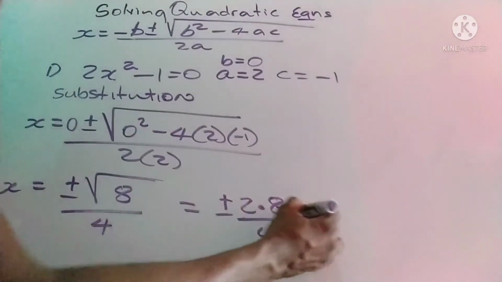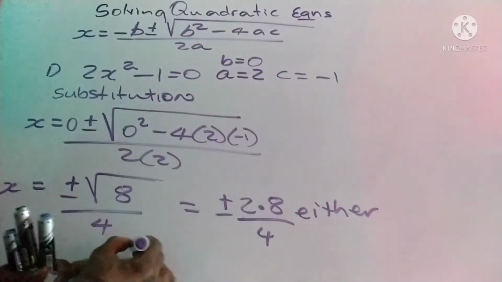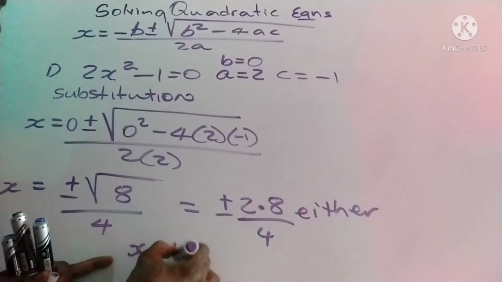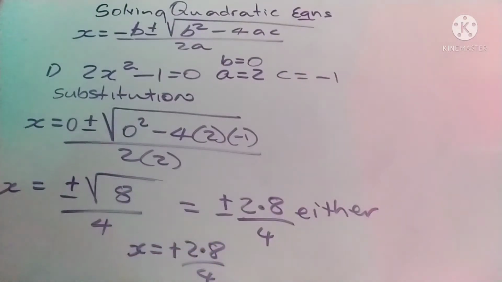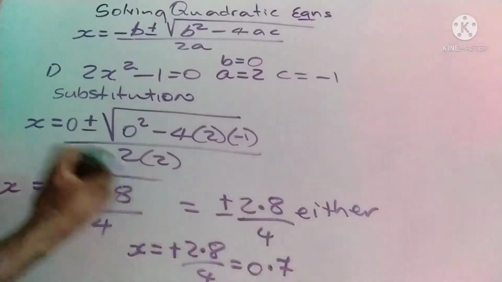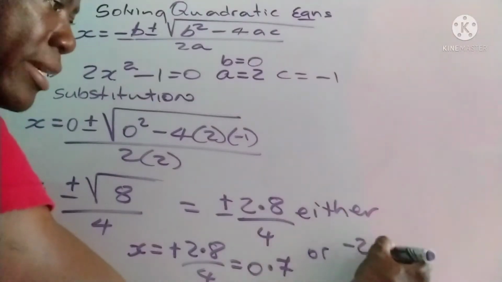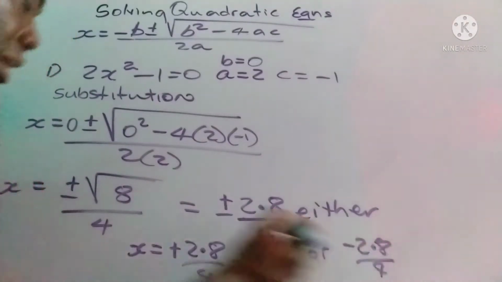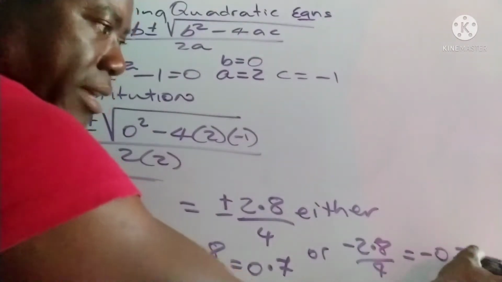So either x is going to equal positive 2.8 over 4, that's 0.7. That's one of my answers. Or it's going to be negative 2.8 over 4, which is equal to negative 0.7.